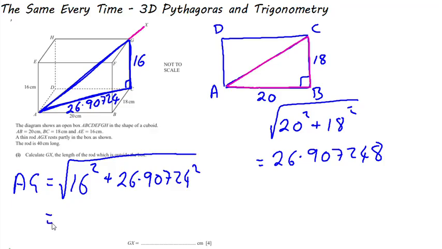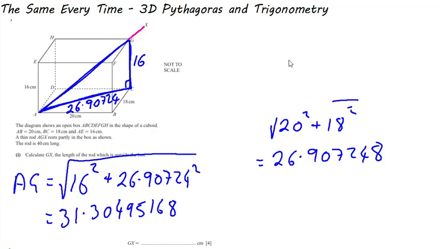Well, you should still have the A to C measurement on your calculator. So square that one, plus 16 squared equals, and then square root of that. Okay, so 31.3049516. So that's the length from A to G.